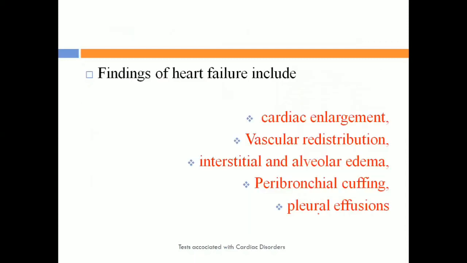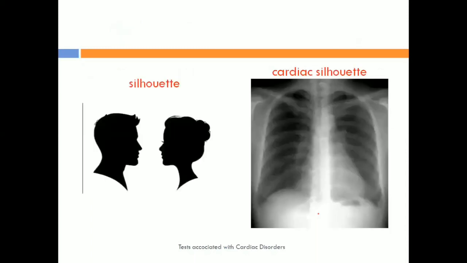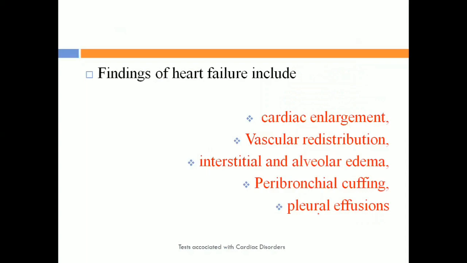So we'll see what findings you can get when you perform this chest radiography or chest X-ray. With the help of chest X-ray, you can find cardiomegaly, if there is enlargement of the heart. Next, you can find vascular redistribution, if there is a change in the vasculature. Next, interstitial and alveolar edema.